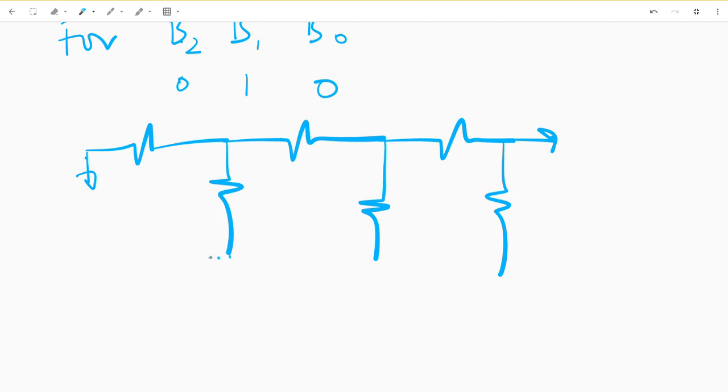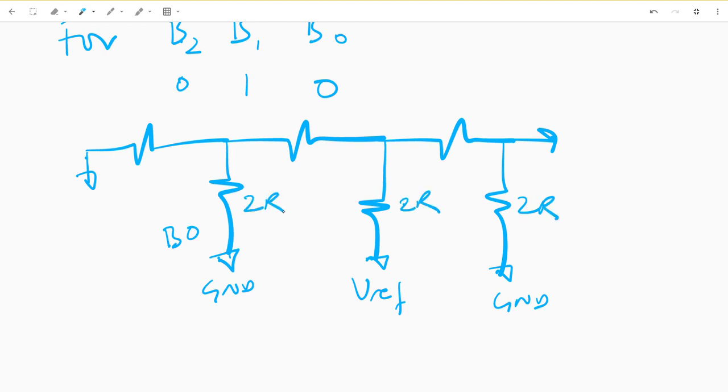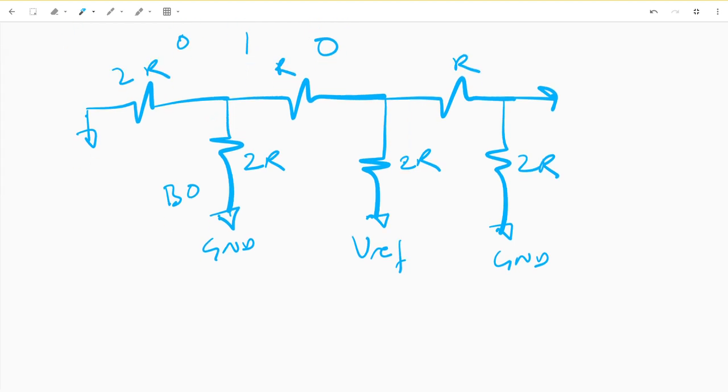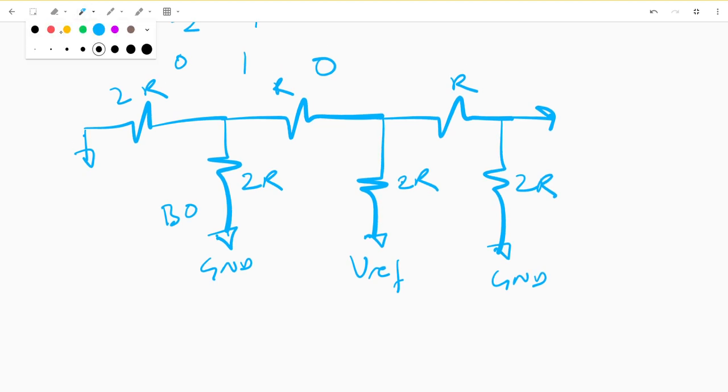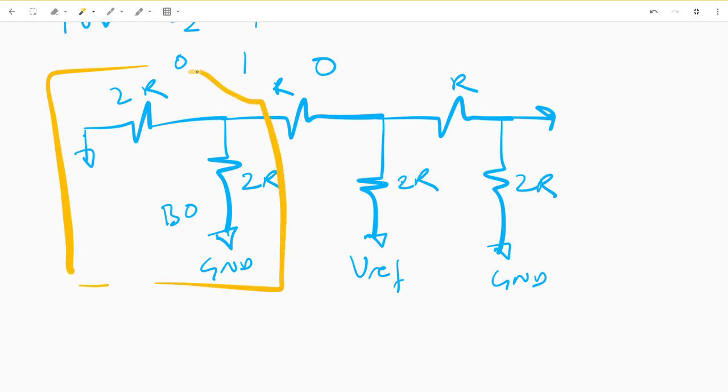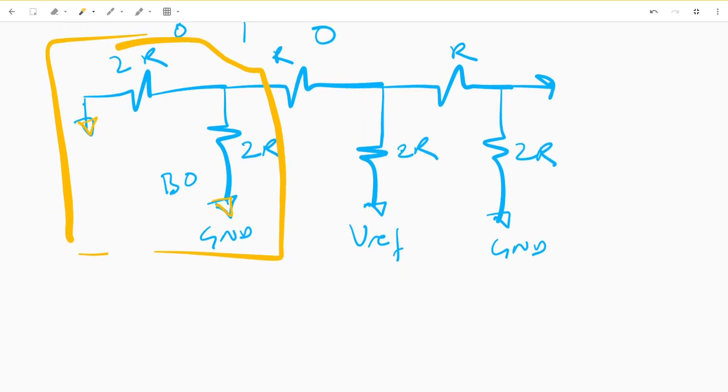B0 is grounded, B1 is at Vref, and B2 is grounded. 2R, 2R, 2R, 2R, R, and R. And essentially this circuit here is discarded because it's not pulling any current, because it's grounded here and it's grounded here.